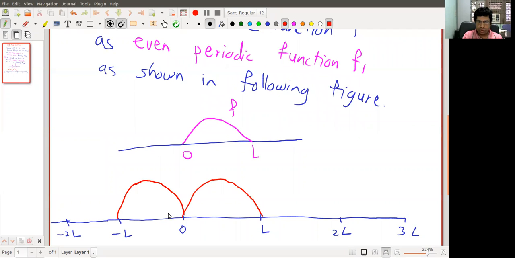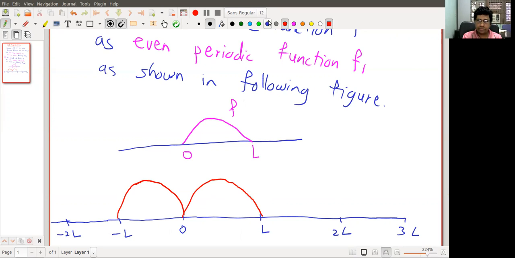So from 0 to L, we have same function f, and minus L to 0, we consider the same function f. Now we copy this part to everywhere.